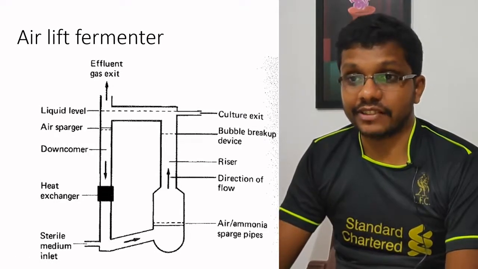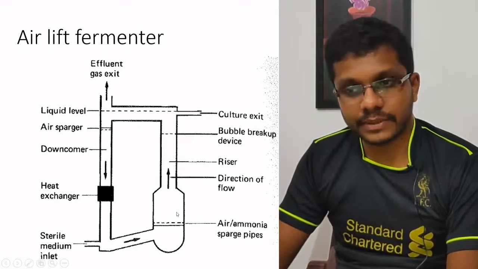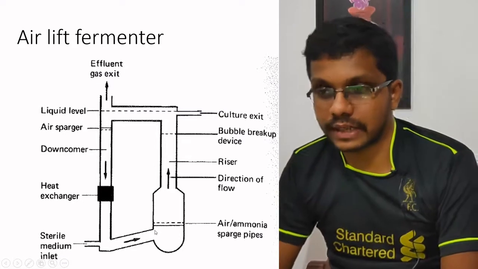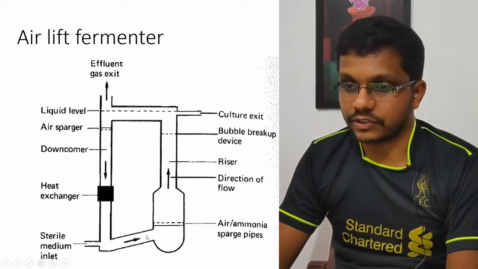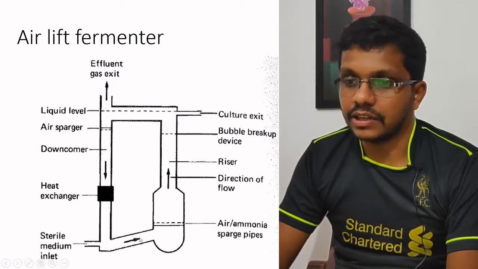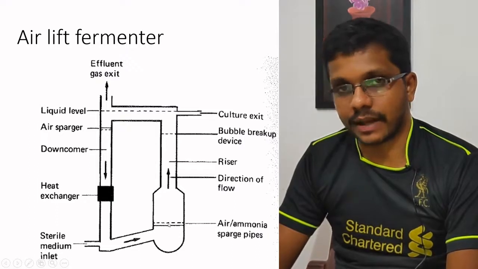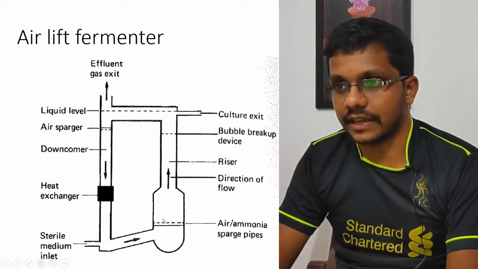Then we have airlift fermenters. You might have heard about airlift fermenters in environmental biotechnology classes. So this is actually the main fermenter region. Here we are introducing air through this sparger.